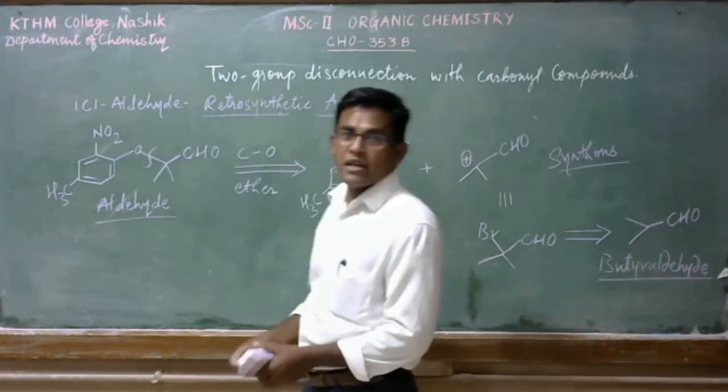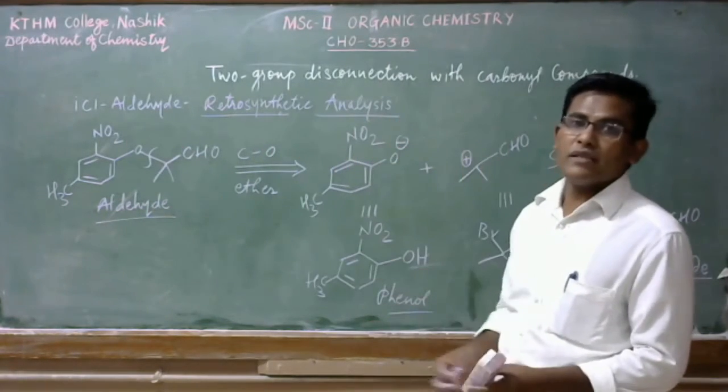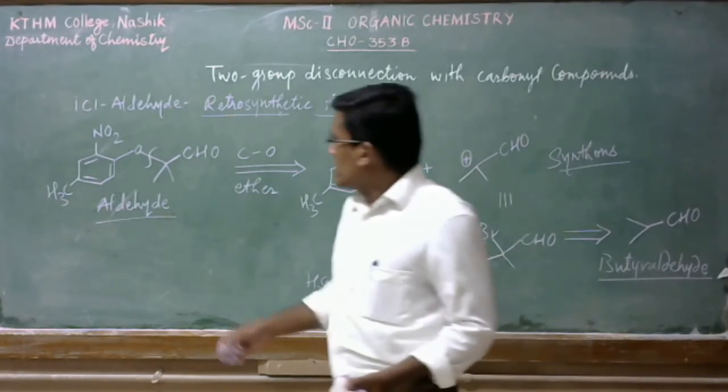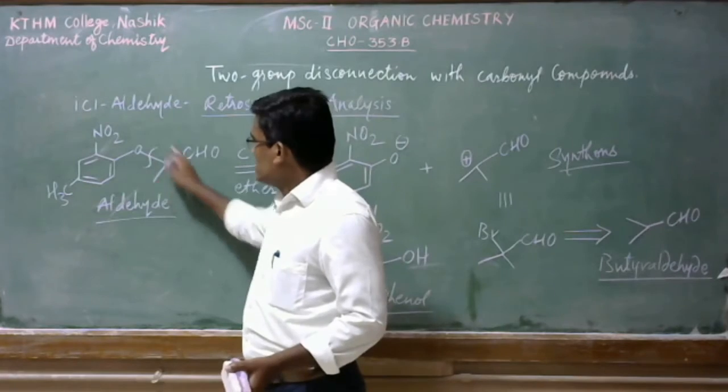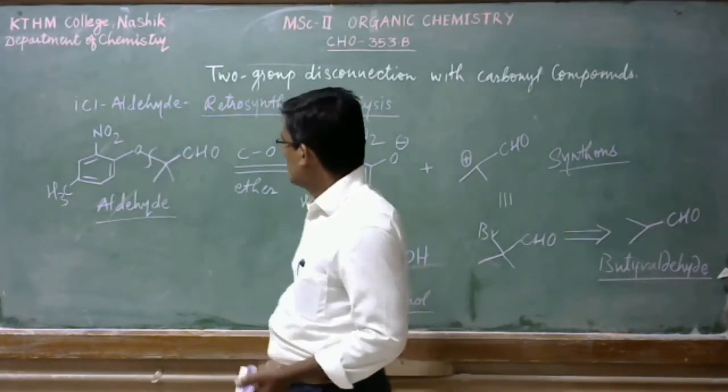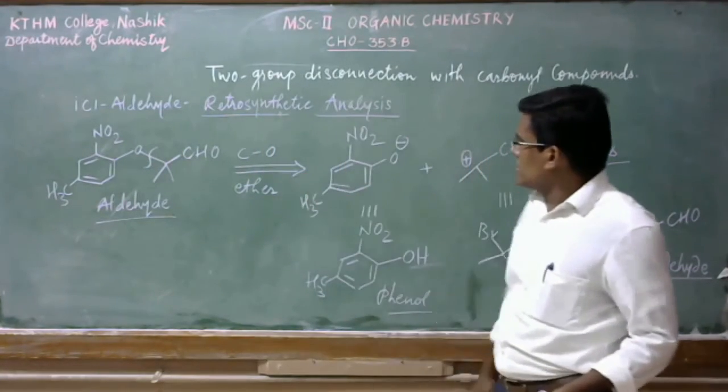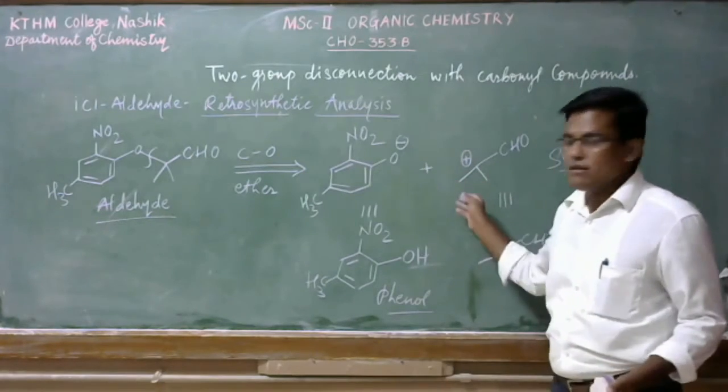This is ICA aldehyde. So when you look at this molecule, you will think about this C-O cleavage. So by cleaving this bond, you will get these two synthons.